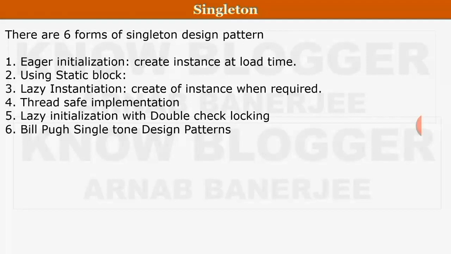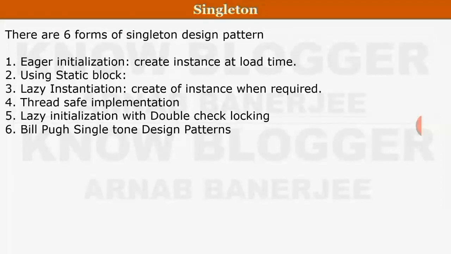The second one is lazy instantiation. Lazy instantiation means we are not going to create any object until it is needed. If our requirement is that the object is not required from the first time, then only we should go for the lazy instantiation. Now, if our environment is multi-threaded, then we should go for the thread safe implementation.